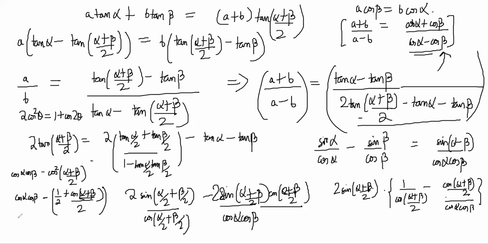So this is cos alpha cos beta minus half, so 2 cos alpha cos beta minus 1 minus cos of (alpha plus beta), all by 2. And in the denominator I have cos alpha cos beta into cos of (alpha plus beta) by 2, right?